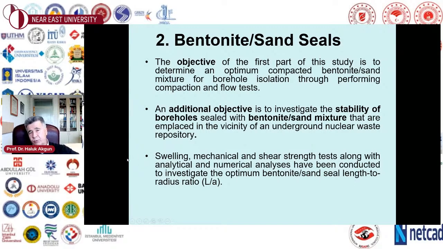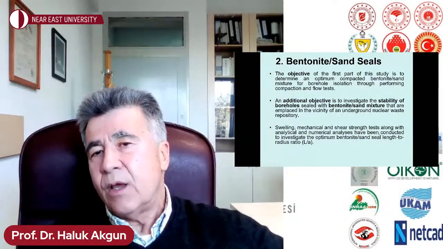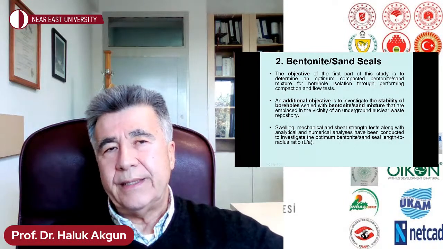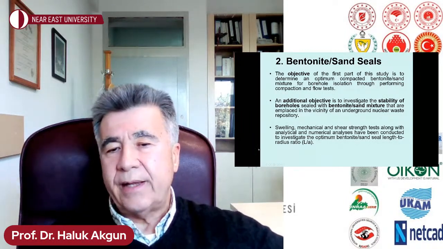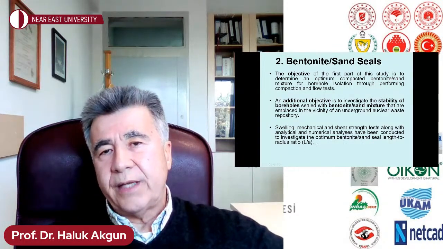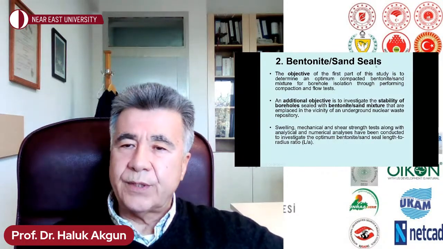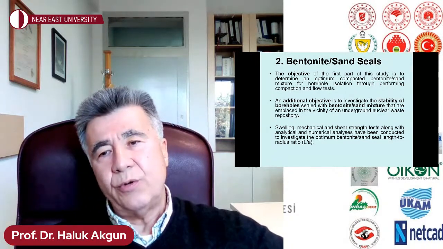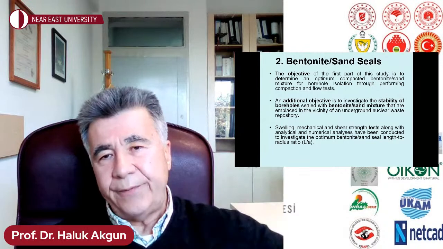This included some swelling tests and some mechanical and shear strength tests, where we sought to find the swelling pressure, the Young's modulus, cohesion, and angle of internal friction. The ultimate objective here for the bentonite sand seals was to determine an acceptable length to radius ratio so that we had a safe seal.